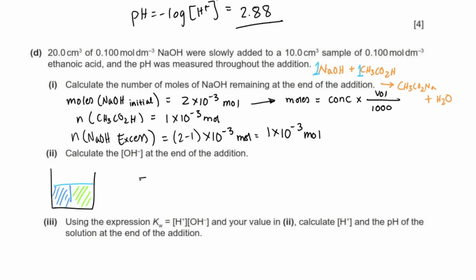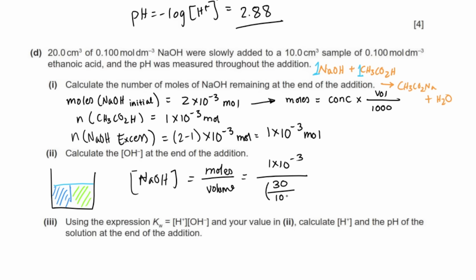So we can find the sodium hydroxide concentration to be moles per volume, which is 1 times 10 to the power minus 3 into 30 by 1000. Well, it is 30 because 20 centimeter cube and 10 centimeter cube were added to form a 30 centimeter cube solution.